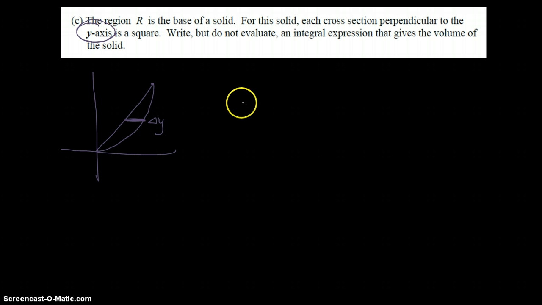The reason that's important to realize is because our volume formula, or integral, is going to be in terms of y things. So I'm going to go ahead and put my dy out here to remind myself that everything in here is in terms of y. The limits are in terms of y. The area formula will be in terms of y.